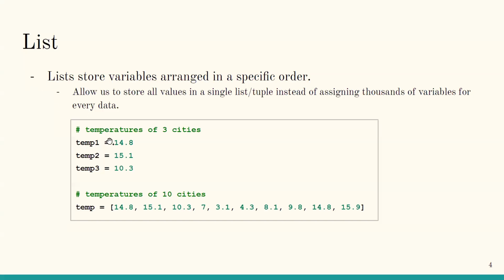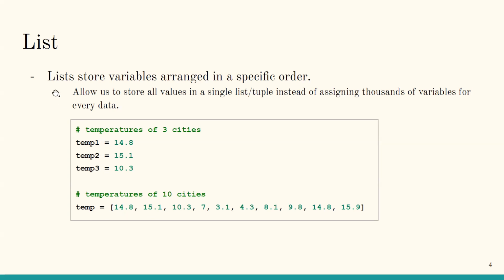So for example, if you want to save the temperature of 3 cities, 3 different temperatures, and you don't have a special data type, you will need 3 different variables, right?